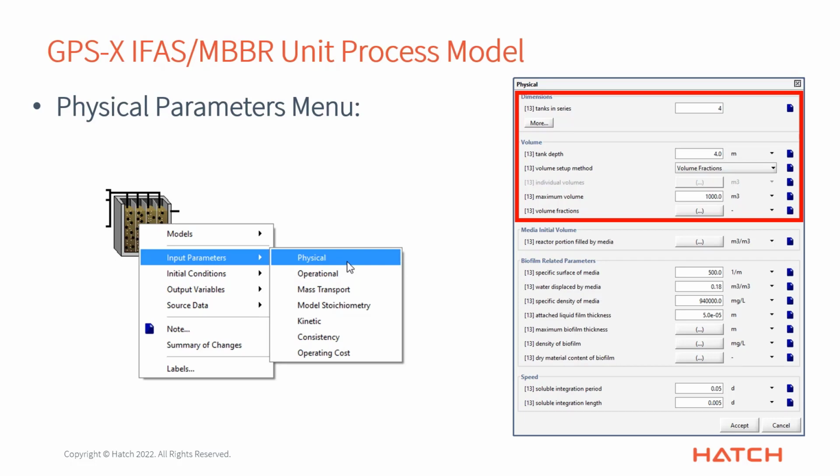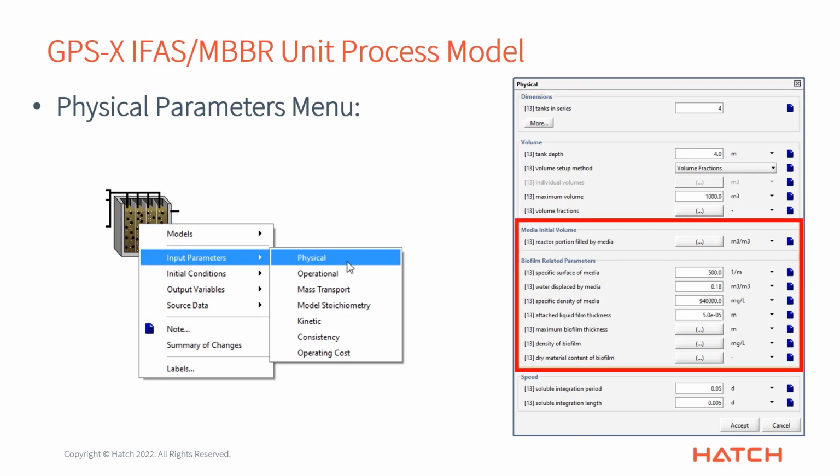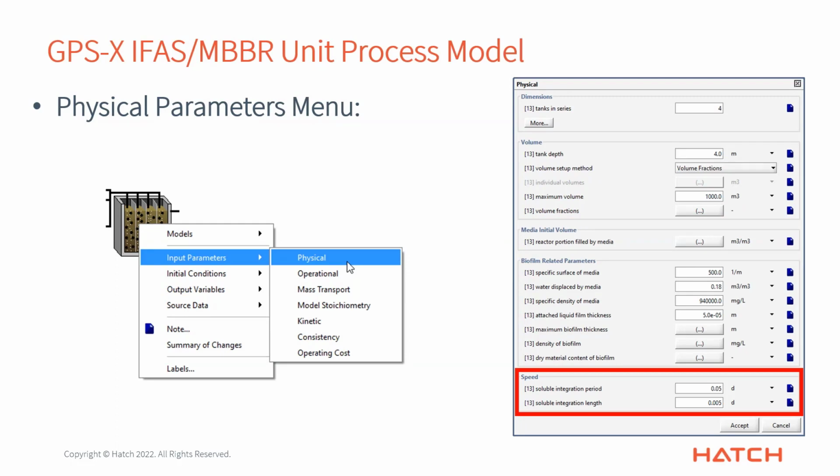So all of the options that you're used to seeing for a plug flow tank will be here as well. Then the next two sections describe the media itself, how much we have and what the characteristics of it are. I'm going to come back and look at these in more detail. And then this one down here at the bottom, I get a lot of questions about it. It's something you don't need to change. It's just something that we are doing in the background to enable the models to solve smoothly and run quickly.